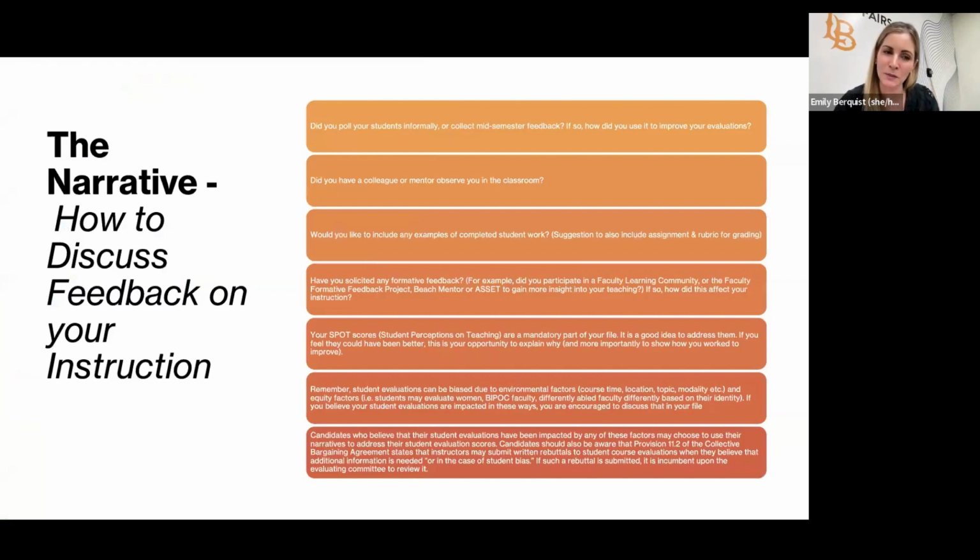This slide is important because I think this is, at least from all the years I've been working on equity and transparency in the RTP process, how student evaluations play into it is certainly one of the most sticky areas. So first I'll say that we all know and recognize that our student evaluations, or our spot forms, right? Students' perceptions on teaching, that our spot forms are a flawed instrument, right?